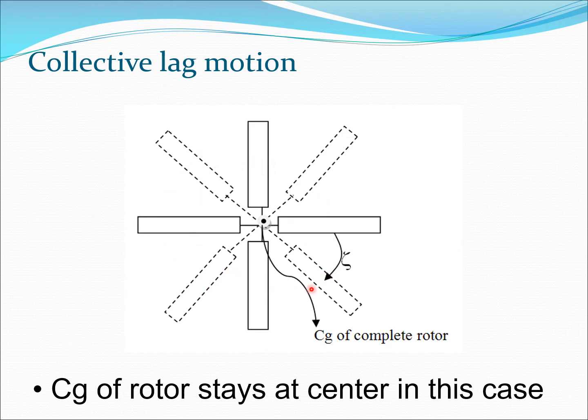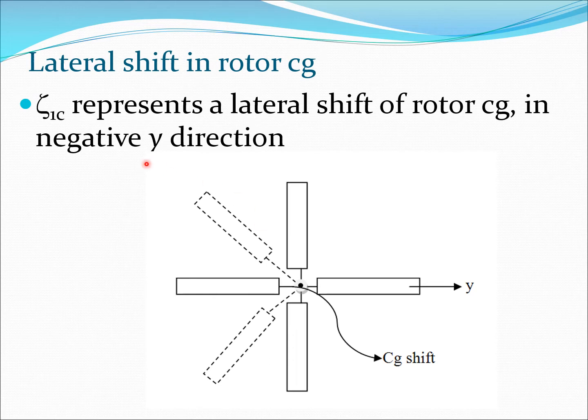So essentially what happens is that the CG of the rotor stays at the center in this case. So there is no movement in the CG. The CG of the complete rotor was in the center, which I put here, and the CG of the rotor, which is given by the dotted lines after the lag motion, is also at the same location here.